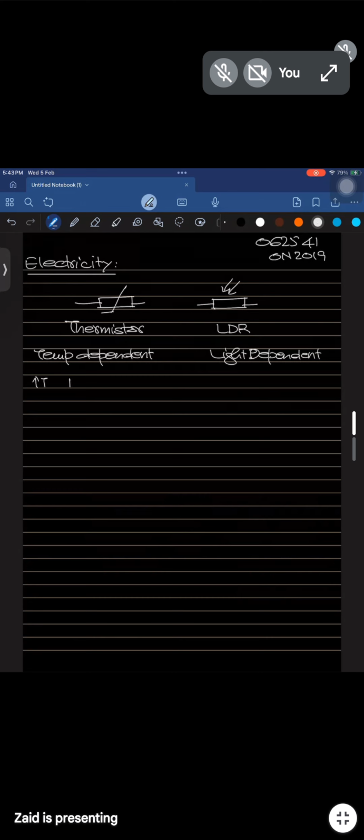When the temperature increases, resistance decreases. That means more current flows and voltage decreases. This is for thermistor.